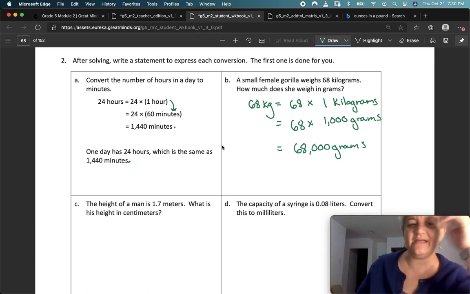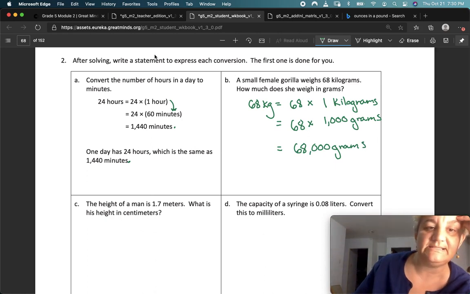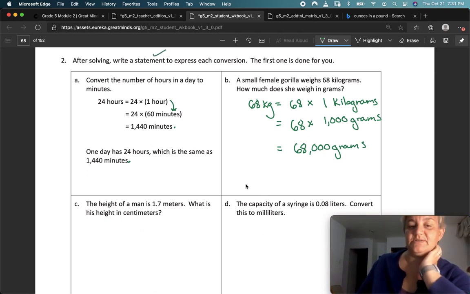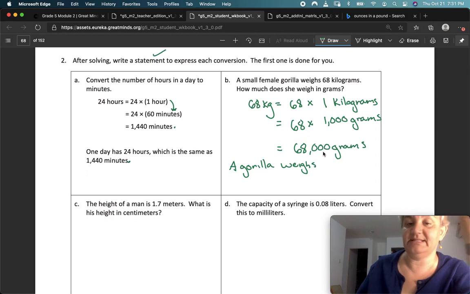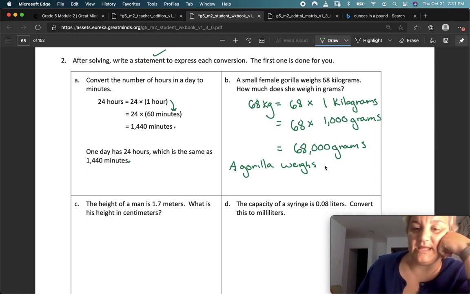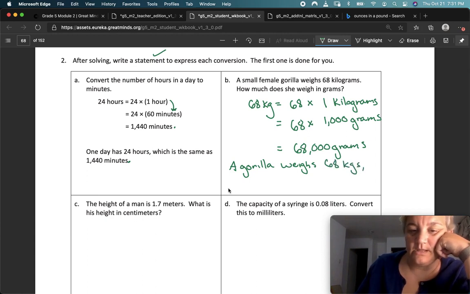Okay, so I found the answer, but now I have to write a statement to express each conversion. So, a gorilla weighs, not any old gorilla, this particular gorilla, maybe her name is Lucy, weighs 68 kilograms, which is the same as 68,000 grams.